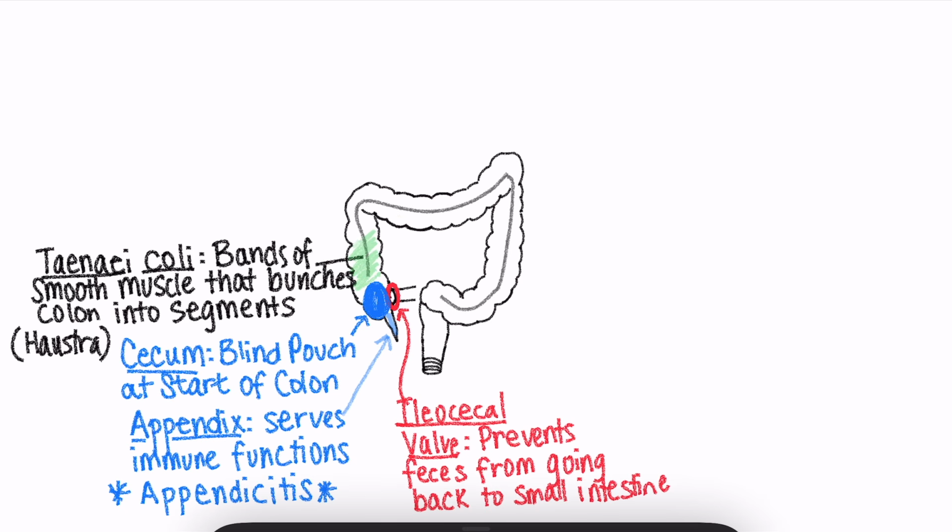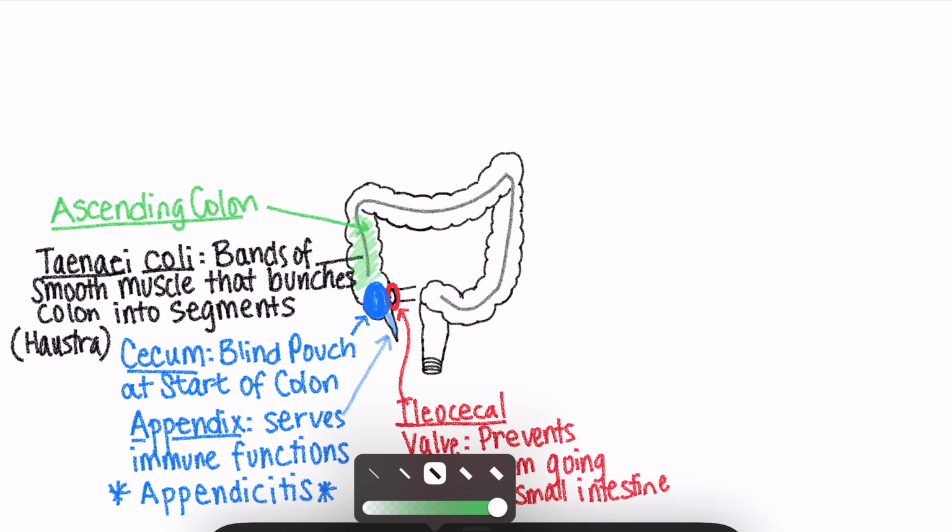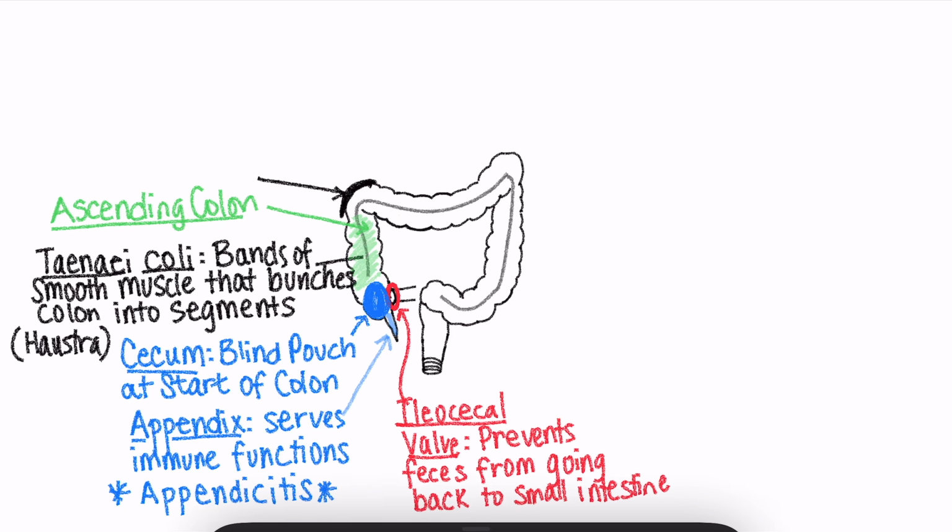As the colon goes up, we call it the ascending colon. And then it turns the corner right here at what's called the hepatic flexure, because that's where the liver is. So this curve right here is called the hepatic flexure.